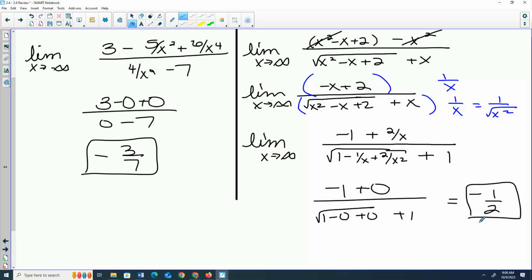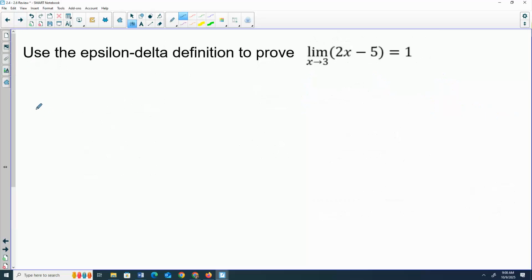So that was our most recent section. Any questions on that? The only other thing, we didn't get to one of these yesterday either, was our epsilon delta. So proving our limit. Remember, it was helpful to write the goal on these.